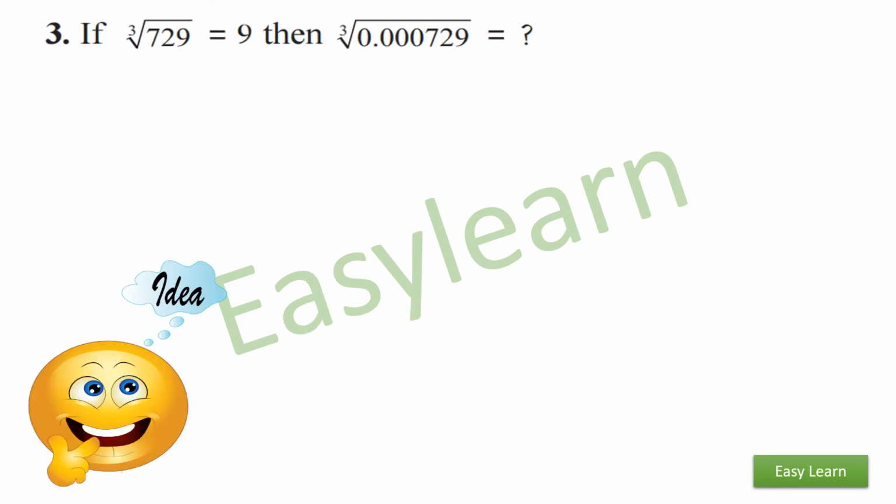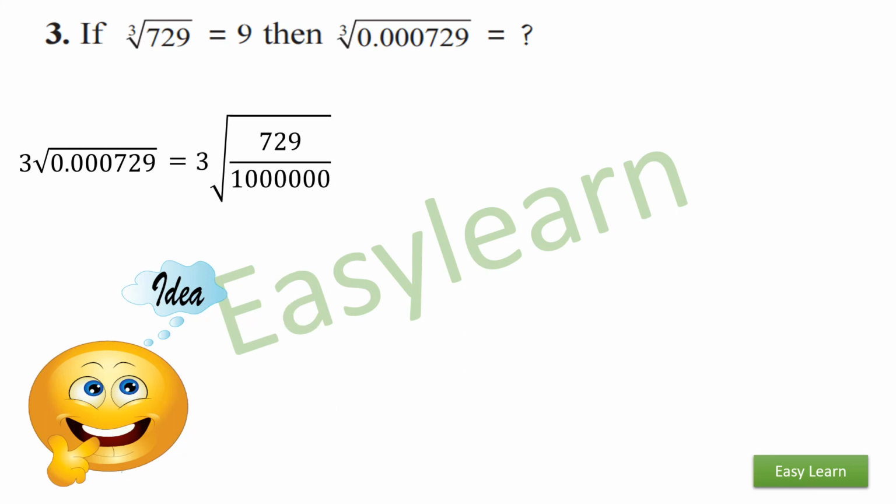Question 3. If the cube root of 729 is equal to 9, then what is the cube root of 0.000729? Now, to remove the decimal, the number can be written as 729 upon, we have to give how many zeros?